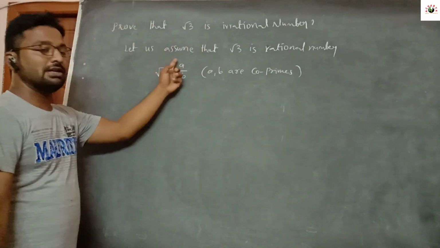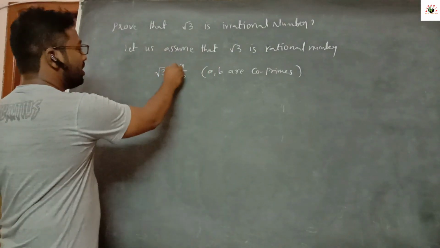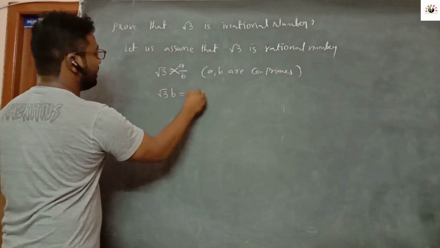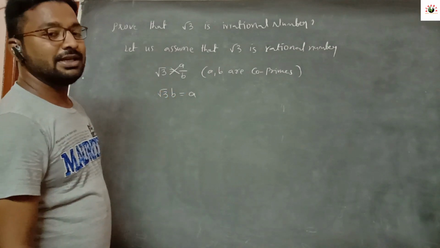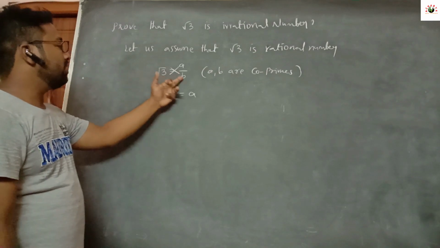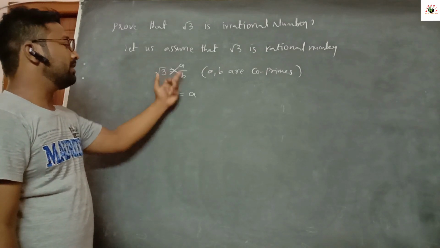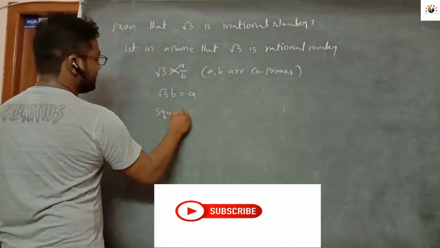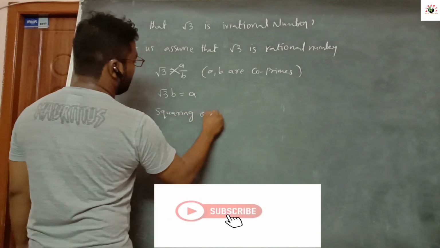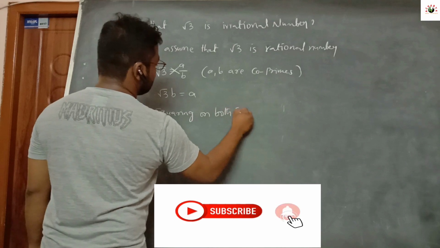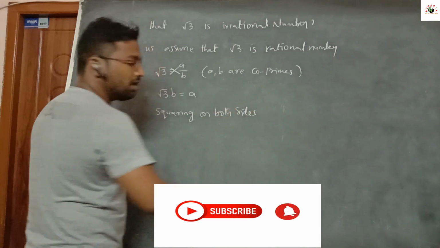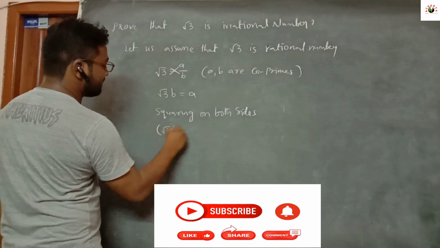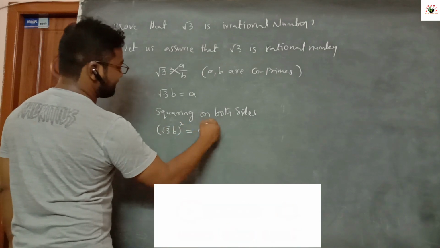Now root 3 is equal to A by B. By cross multiplication, root 3 times B is equal to A. Now squaring on both sides, root 3 B whole square is equal to A square.